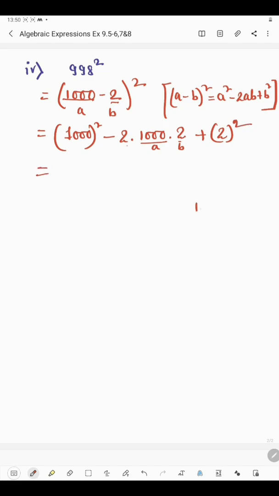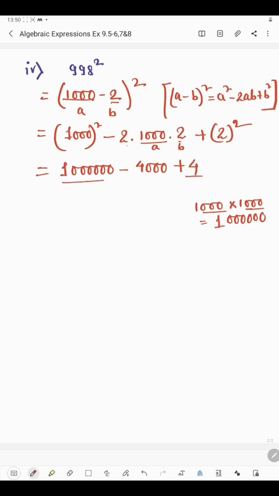Now 1000 square means 1000 into 1000. How many zeros are there? 3 and 3, so 6 zeros, and 1 into 1 is 1. So it's 10 lakh, minus 2 into 2 into 1000, that is 4000, plus 2 square, which is 2 into 2, 4.